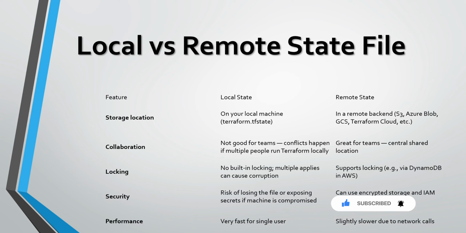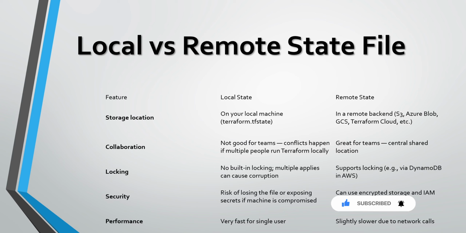Locking system. Locking system is nothing but, when more than 2 people are working on the same task, Terraform has a locking facility, meaning if I am executing the apply command, Terraform helps us lock my apply command and blocks the other user from applying again. For the local state file, there is no locking facility because, as I said, it's great for the single user.